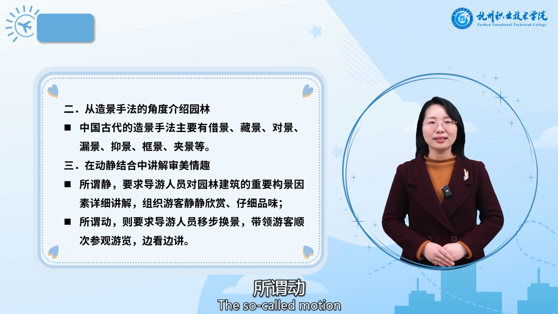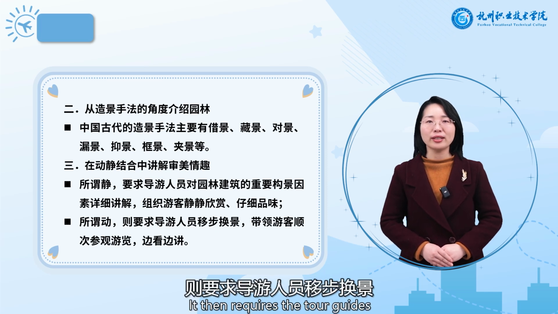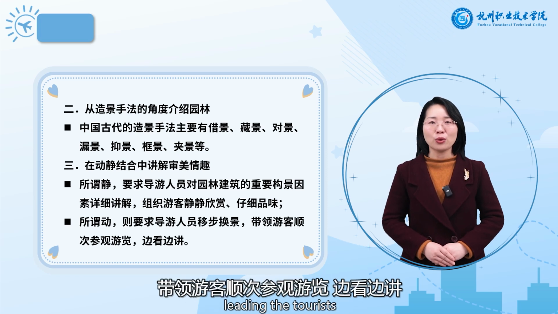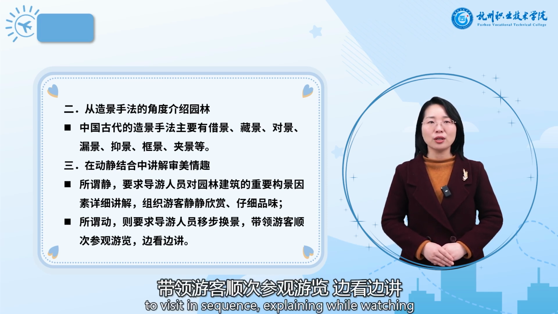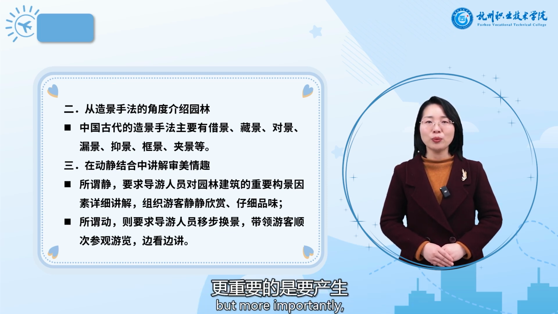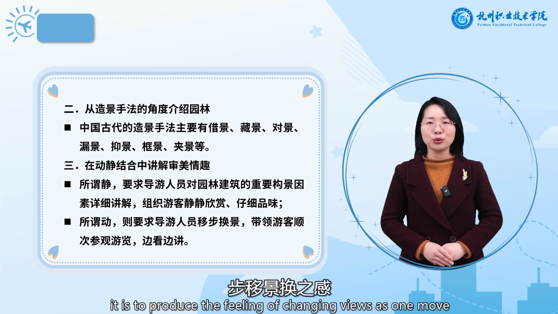The so-called motion then requires the tour guides to change views as they move, leading the tourists to visit in sequence, explaining while watching. Moving to change views is not simply a sequential and progressive touring sequence, but more importantly, it is to produce the feeling of changing views as one moves.